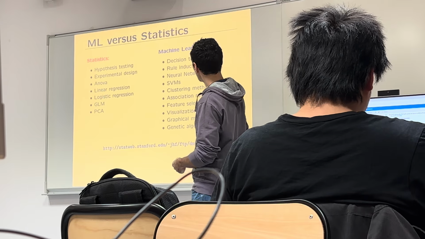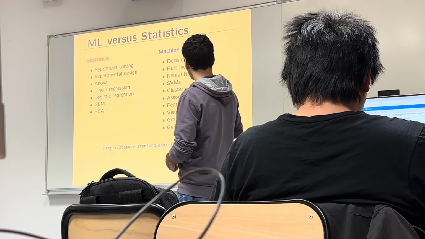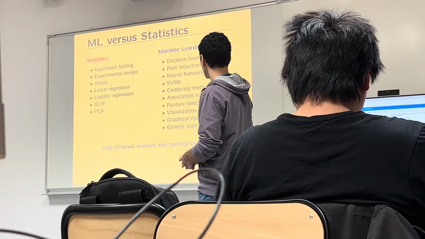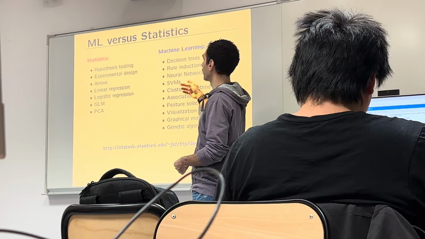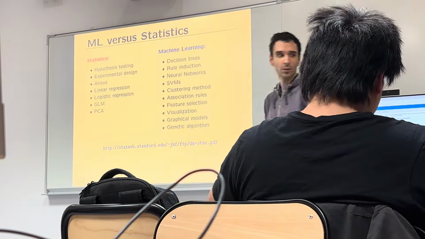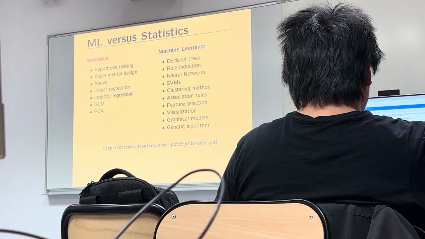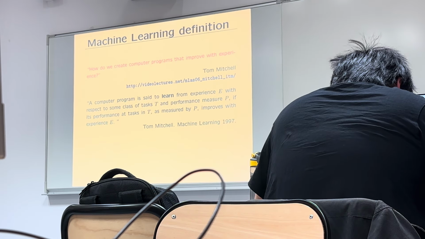If you use machine learning, you can use one of these types of algorithms: maybe neural networks, support vector machines, decision trees, or other types of algorithms. We don't really care about this.